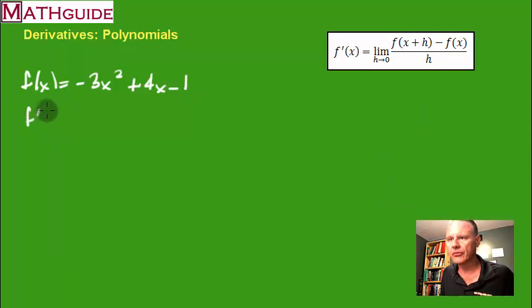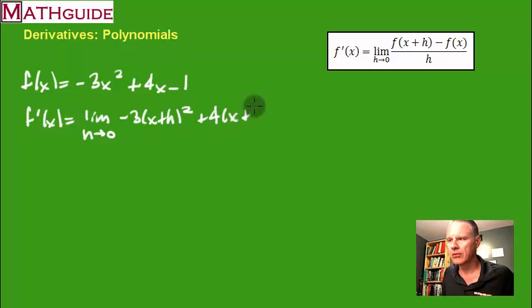So the first derivative is the limit as h approaches 0. The first thing you have to do is figure out what is f of x plus h. That means in this lengthy function, you're going to replace all these x's with x plus h. What a mess, huh?